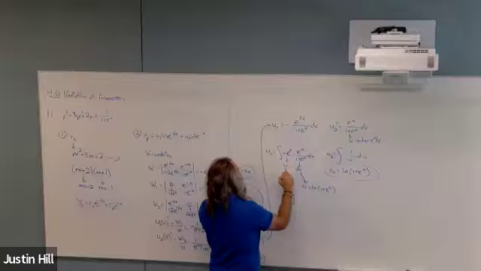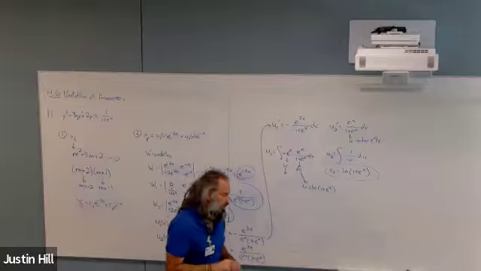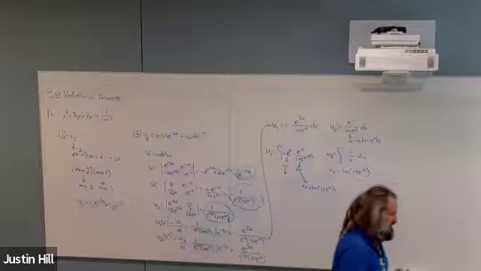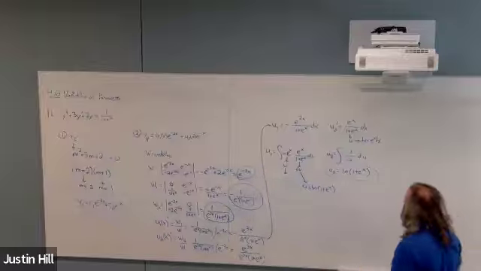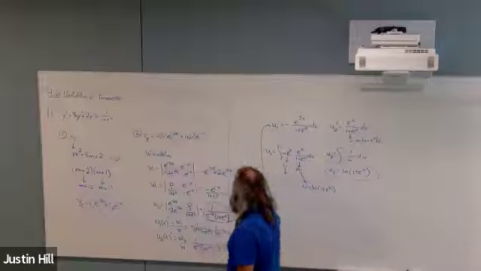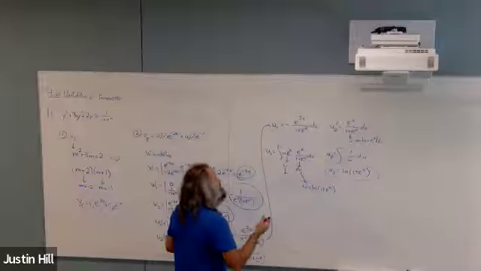If this is v, what's my dv? We won't even pause. I'll just have you work that for a second. What is dv going to be? It'll be the same.